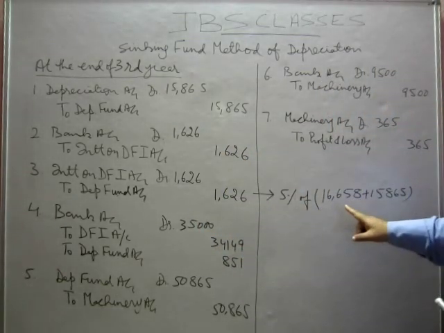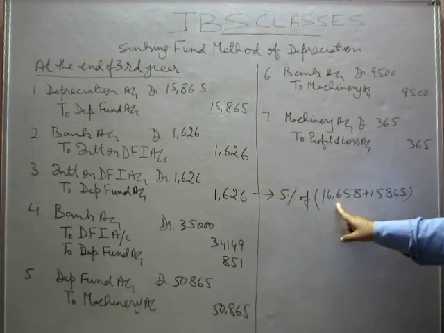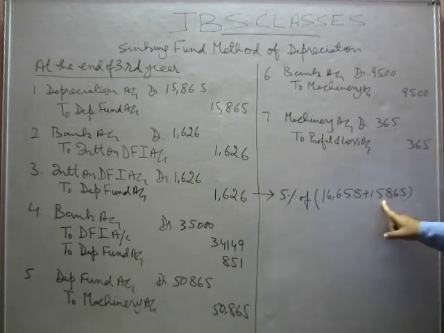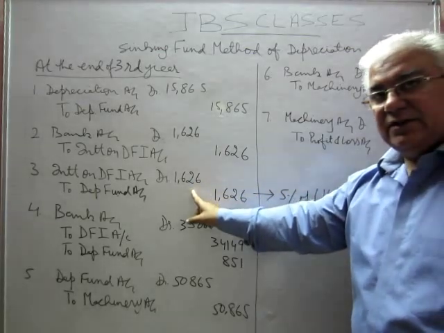This is 16,658, that is the first year's investment, which has already become 16,658, and 15,865 which we invested at the end of second year. On this total amount we will receive 5%, which will amount to 1626.